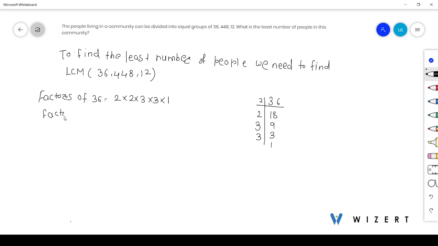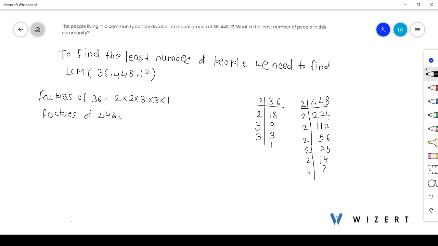Similarly, we can find factors of 448. Now, factors of 448 can be found by 448 divided by 2 is 224. 224 divided by 2 is 112. 112 divided by 2 is 56. 56 divided by 2 is 28. 28 divided by 2 is 14. 14 divided by 2 is 7.